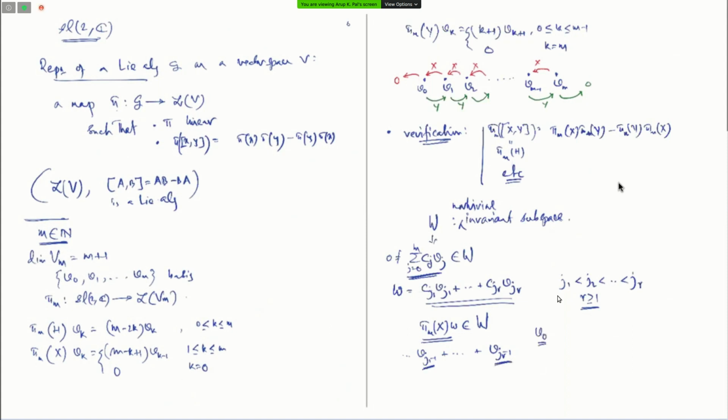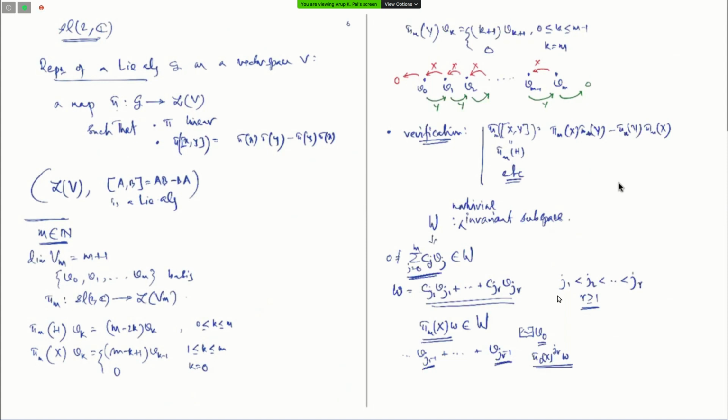If you just apply, let's say, pi m x to the power jr, then you will get v naught with some coefficient. So just check that that coefficient is non-zero. That coefficient would be non-zero. That will follow if you just look at the coefficients that you get when you apply pi m x.